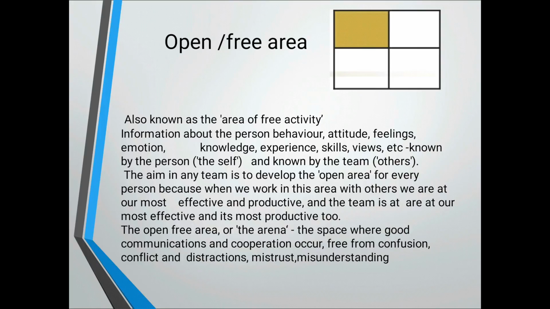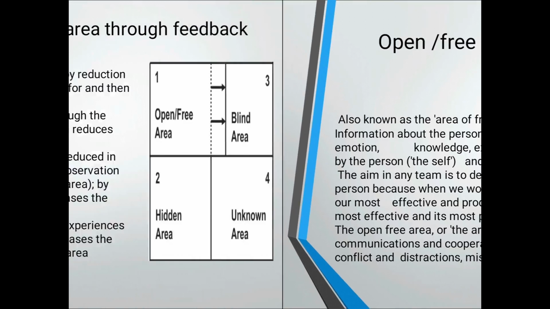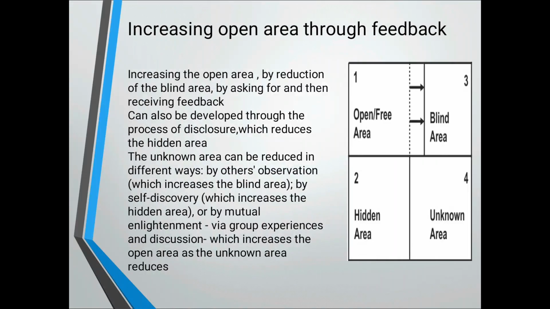Now let's go to the next three areas, which are more critical and not really used in an organization quite frequently. You can also increase the open area through feedback. As I have mentioned, there are three areas: blind areas, hidden areas, and unknown areas, which may not be known to the person, not known to the other person, or maybe not known to anyone.